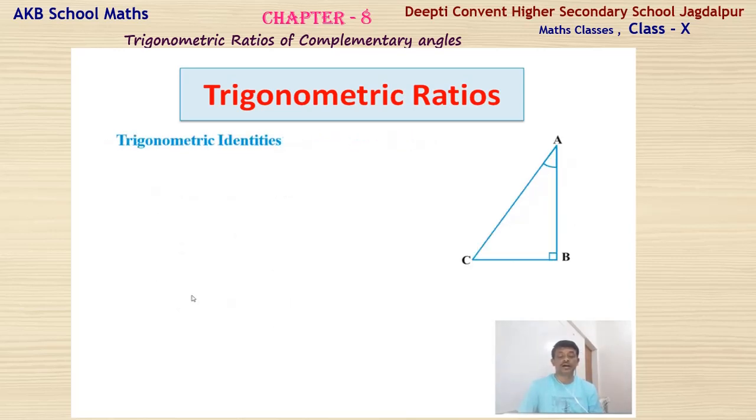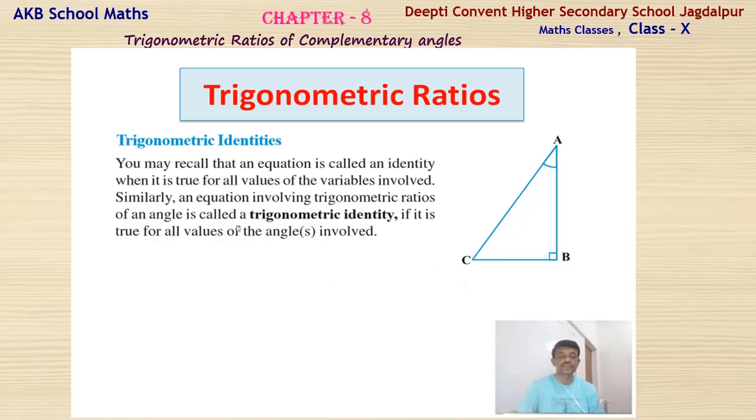And now we are trying to know what an identity is: trigonometric identities. This ABC is a right angle triangle, B is at right angle. A trigonometric identity means a relation between ratios which is always true for acute angles of a right angle triangle.